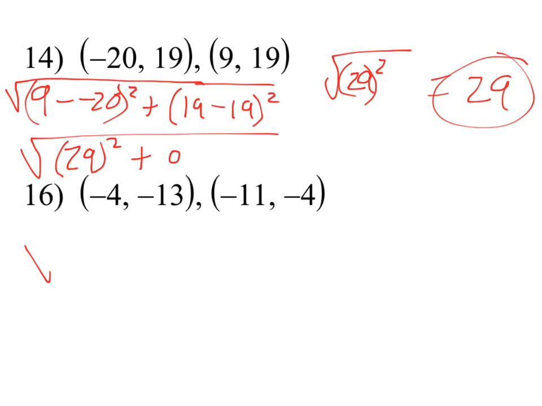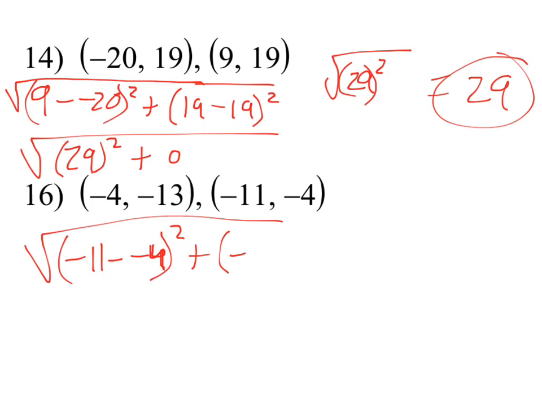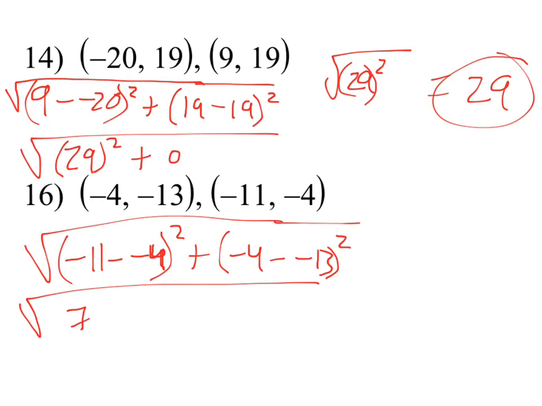And then 16, when you subtract your x's, negative 11 minus negative 4. When you square that. And then we're going to have negative 4 minus negative 13. I'm going to square that. And keep going. Negative 11 plus 4 is going to be negative 7.